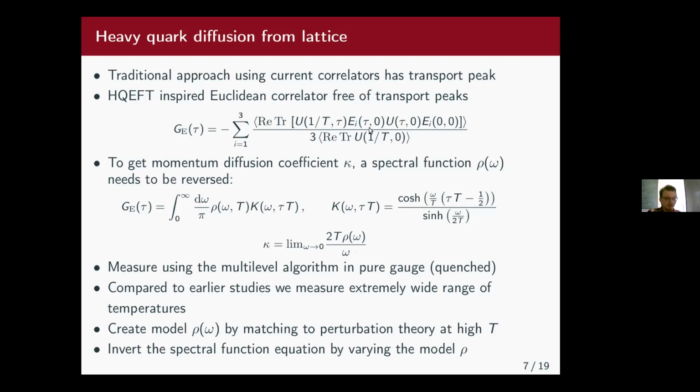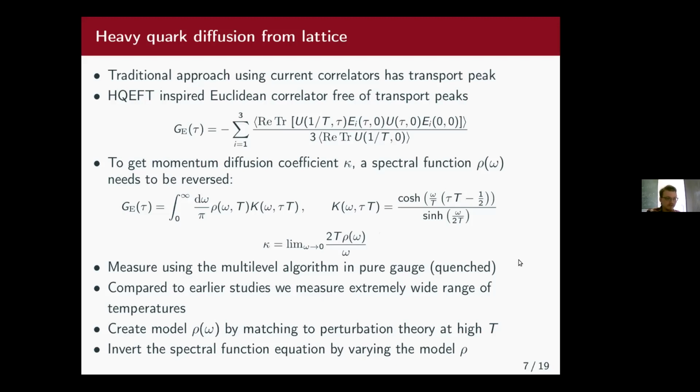This is a very noisy observable on the lattice, so we will have to use a multi-level algorithm, which currently is only available in quenched theory, which is why I'm assuming Nf=0 everywhere. This could maybe be improved with gradient flow, which is ongoing research in the community, but so far everything is with multi-level.